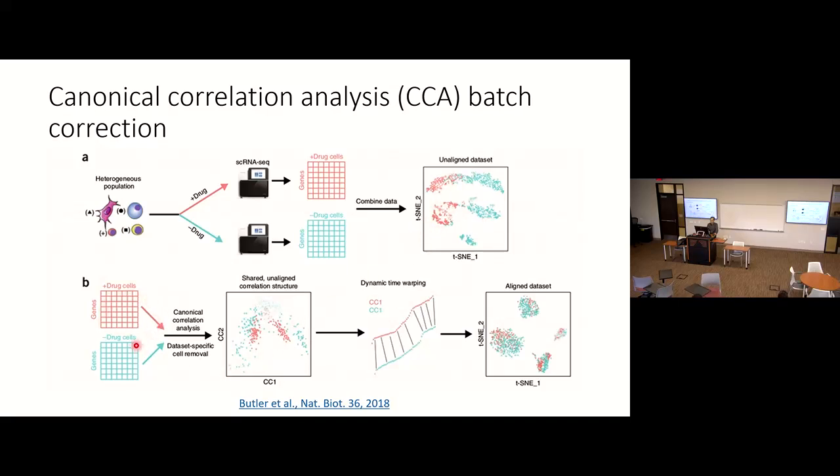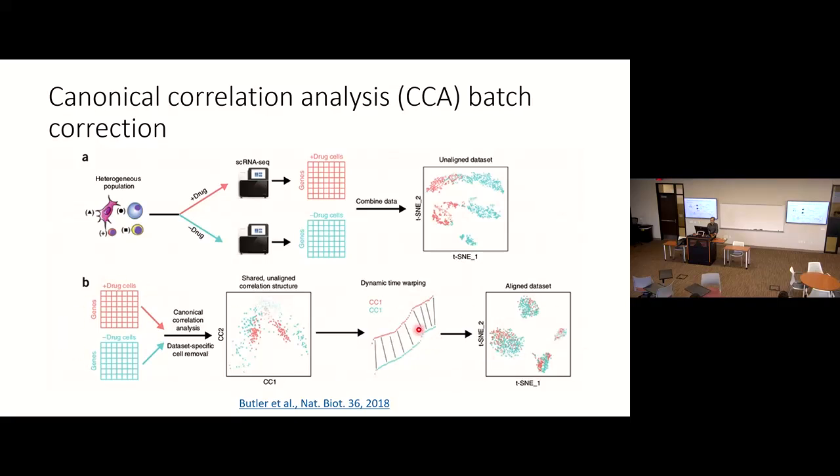You want to go through this CCA analysis to project them onto the same space, to allow the correlation between those projections to be as big as possible. So you find these corresponding positions, then realign them.